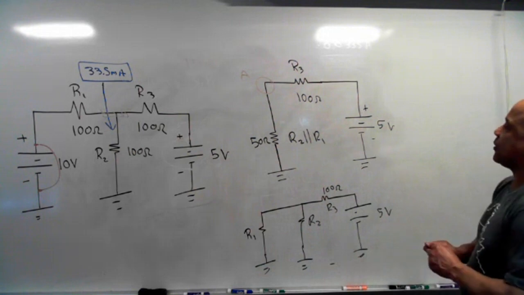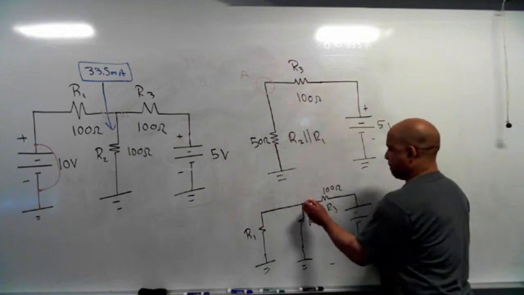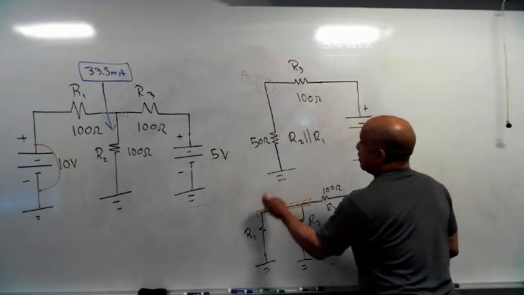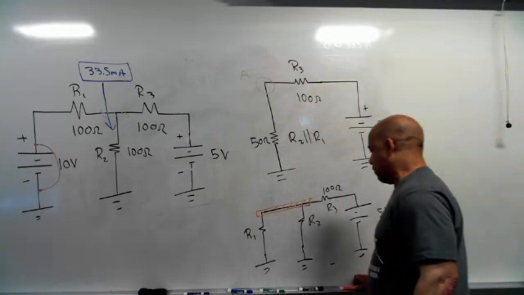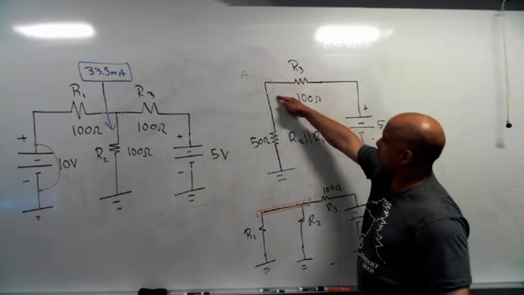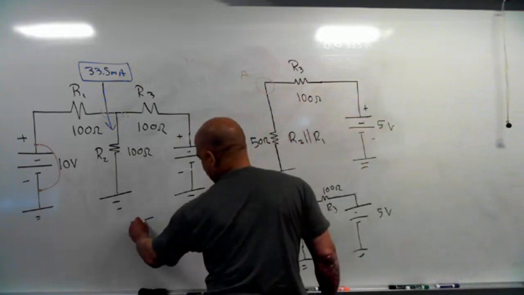Okay, so let's solve the voltage at node A, which is right here, using the voltage divider rule. In the last circuit, we used Ohm's law. Voltage divider rule will be a little bit quicker. I want to know the voltage across this 50 ohm resistor, so I'll put that in the numerator.